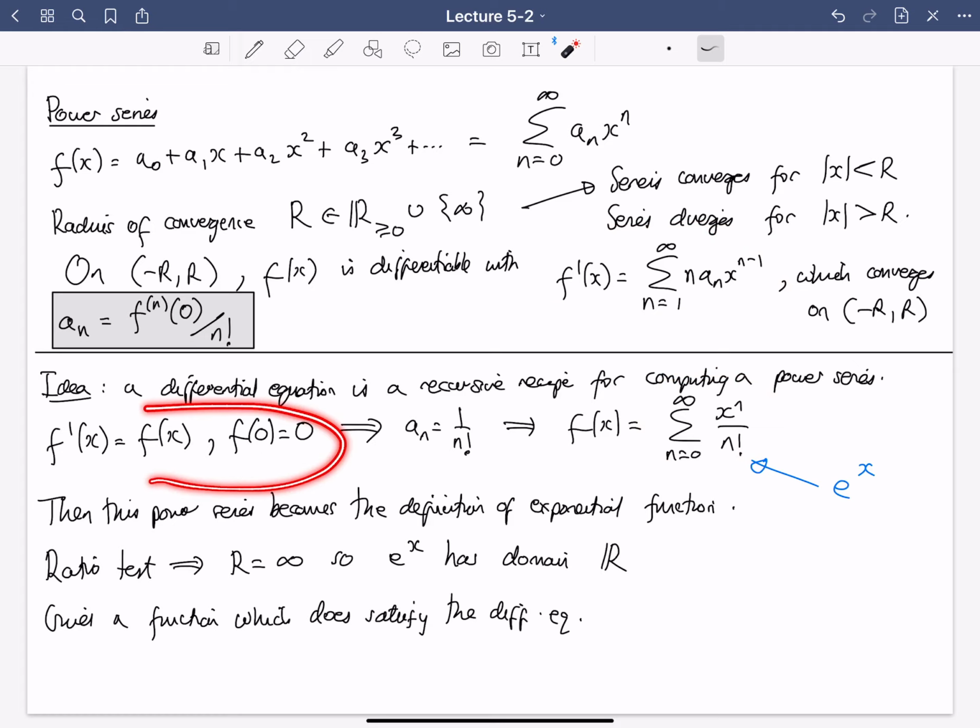And in this way, you construct a solution of that differential equation with that initial condition. And we already knew that if there was a solution, it was unique. It was just that starting from the differential equation, we didn't really know how to prove existence of a solution. This power series method gives you an easy, nice, clean way of constructing the solution to that equation in the first place. So that becomes, I think, the best possible definition of the exponential function, the best rigorous mathematical definition, that is.